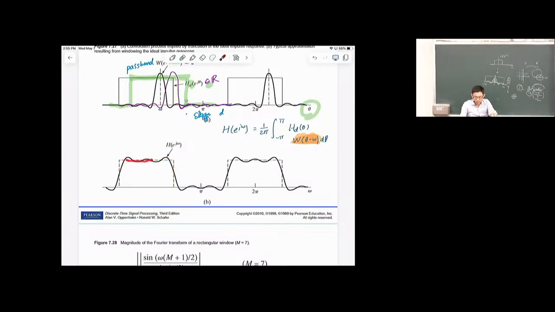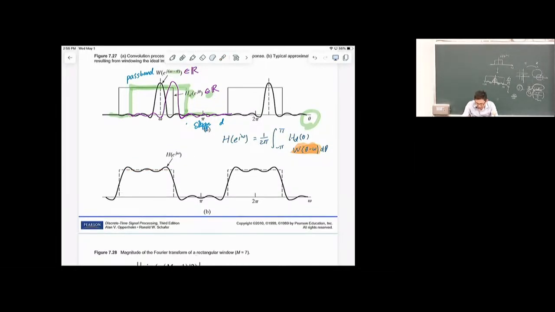Now, when the main lobe overlaps with the passband, and this is our omega for now, the gain can be high.